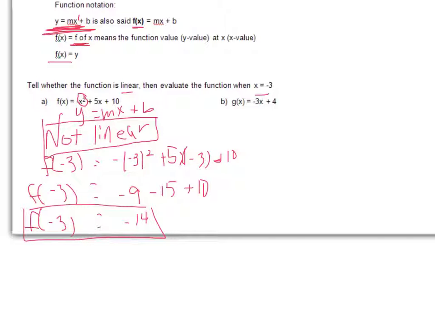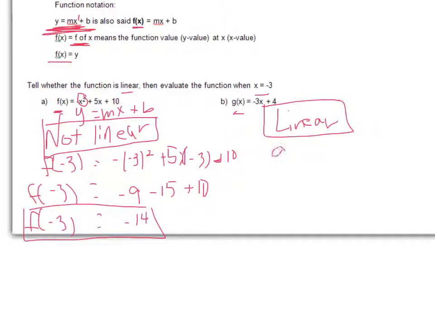Okay, now example B, we have g of x, which is just a way of saying this is a function, just different than the f of x that we had, equals negative 3x plus 4. My first question is, is it linear or not linear? This is linear because it can be written in the form y equals mx plus b.